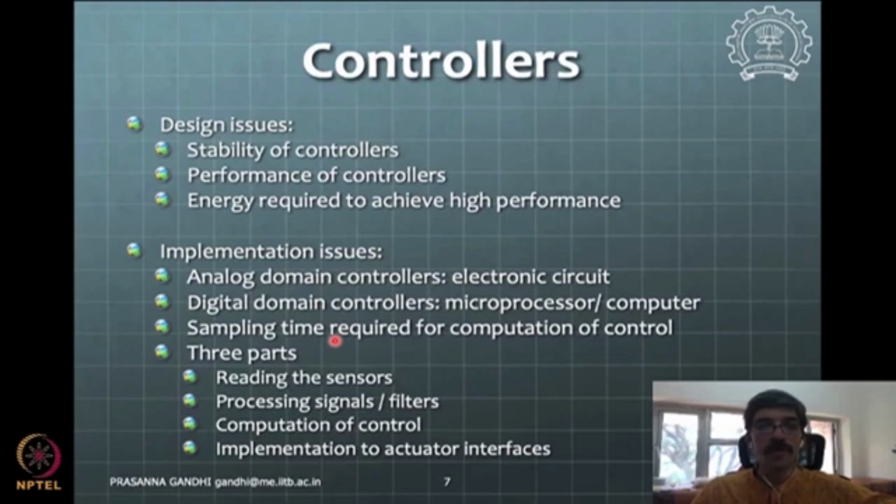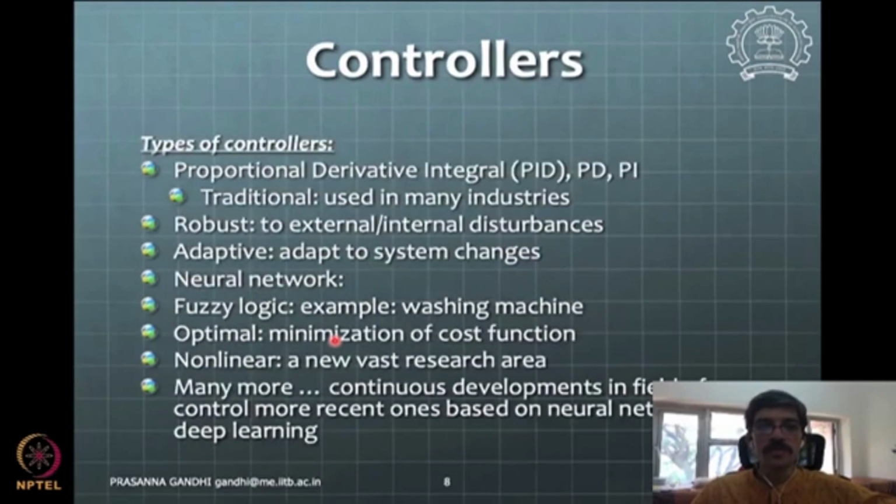Okay, so we'll move from here to the first type of controllers, and then we'll see some more linear system control in a little more detail. Mainly people use PID, PD or PI controllers traditionally, and many industries still continue to use them. They work really well in many cases. Then there are many different types of controllers.